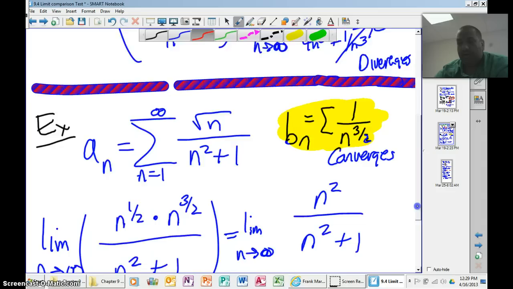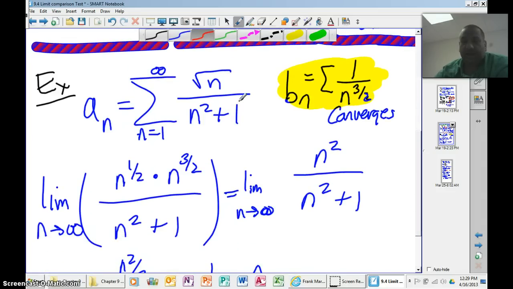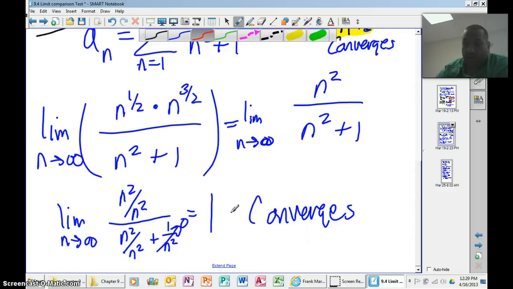Here's one that will converge. Check this out. Remember, this is n to the 1/2, and this is n squared plus 1. So now I'm going to do 3 halves. You might say, why 3 halves? Because I want the power up top and the power on the bottom to be the same, which I do here, n squared over n squared. So when I take that limit, I get 1.